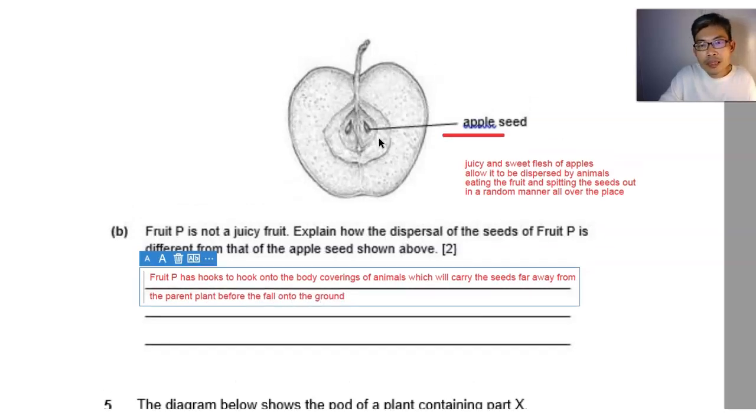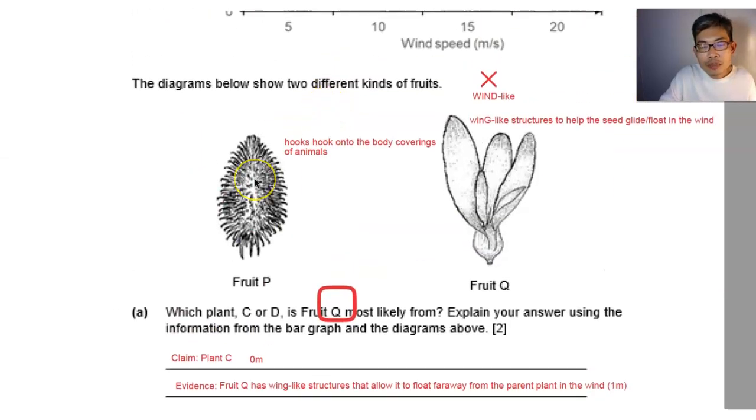Right, that's how fruit P, which is the one here, disperses its seeds that are inside the fruit.